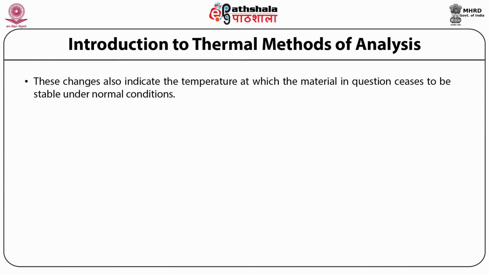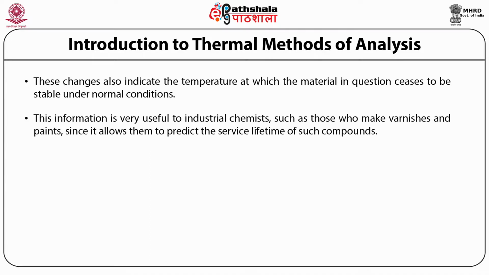These changes also indicate the temperature at which the material in question ceases to be stable under normal conditions. This information is very useful to industrial chemists, such as those who make varnish and paints, since it allows them to predict the service lifetime of such compounds.